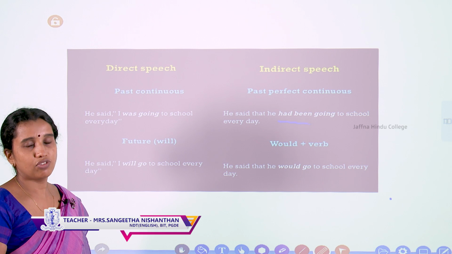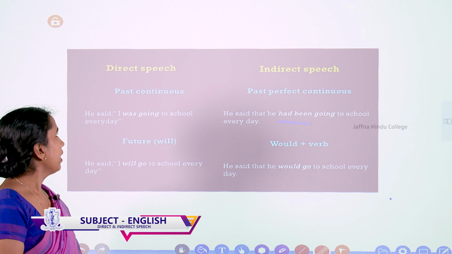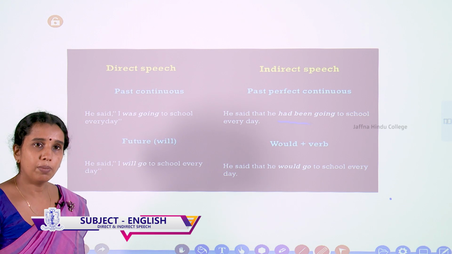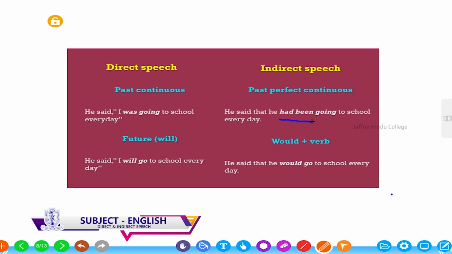So was is changed into had been and the past continuous is changed into past perfect continuous. The future tense, he said, "I will go to school every day." The will changes as would, and now he said that he would go, would plus verb stem is used here, would go to school every day.